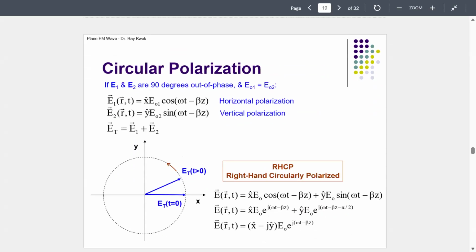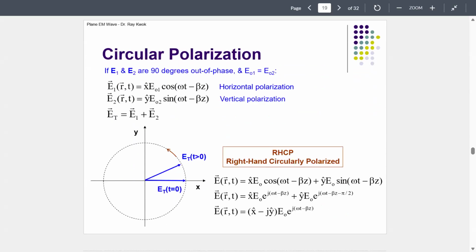Linear polarization is easy to understand, but what if I still have two of these waves, E1 and E2, one along the X, one along the Y, so one is horizontal, the other one is vertical, but they are not in phase. One is cosine, one is sine.